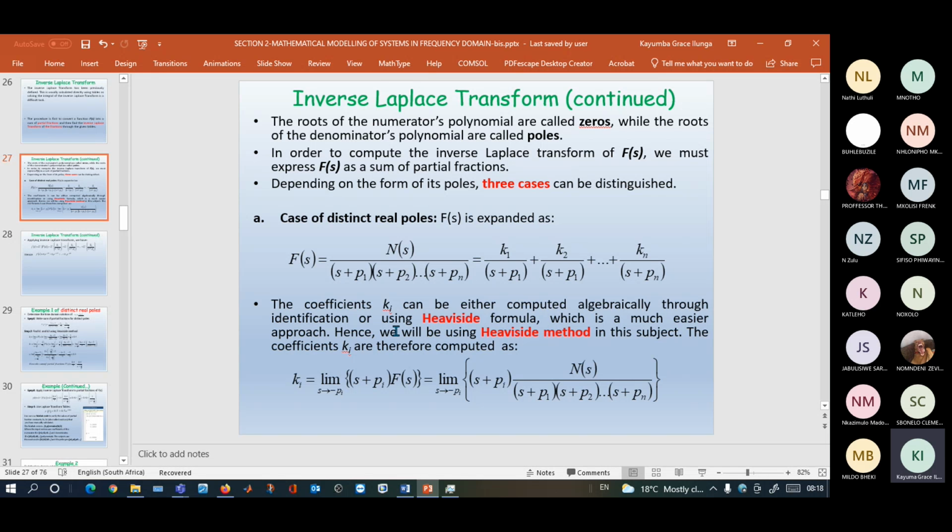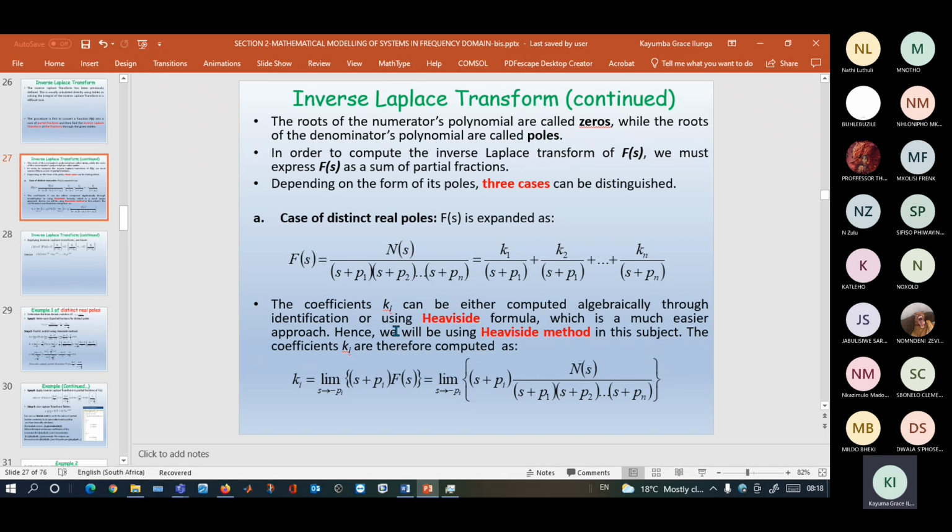As you know, we have real numbers and complex numbers. Here we are in the case where we have real numbers, but they are distinct, so they are not the same number. Let's say the roots of the denominator can be 2 and 3, or 1 and 2. This is what we call distinct real poles. This is the first case we are going to see.